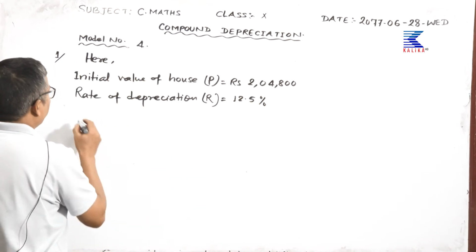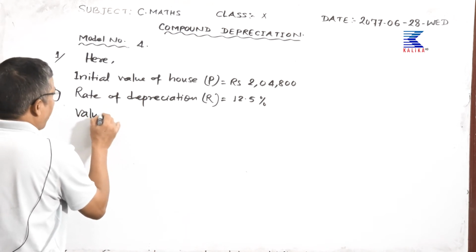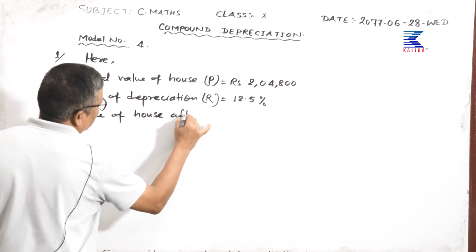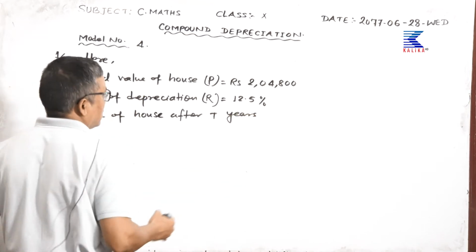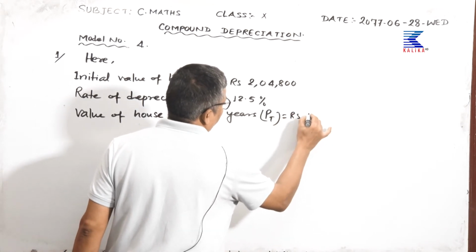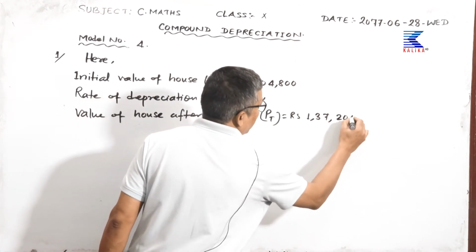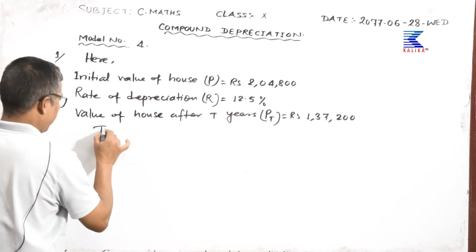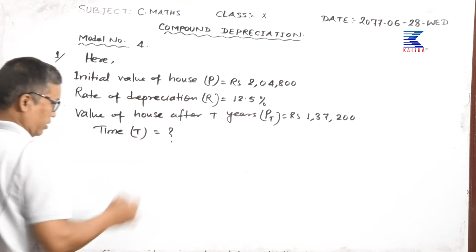When will be the value? After how many years? Value of house after T years, Pt is equal to rupees 1,37,200. Then time T is equal to what?